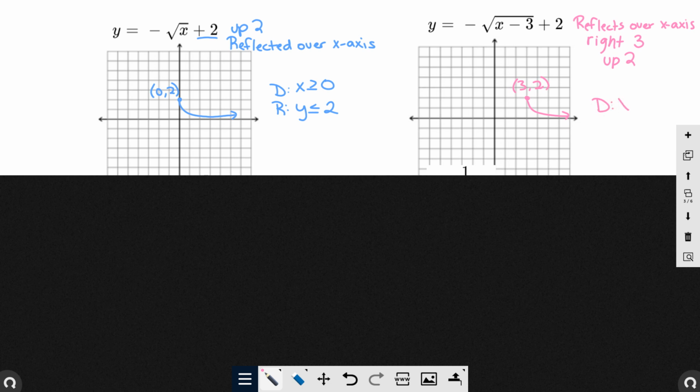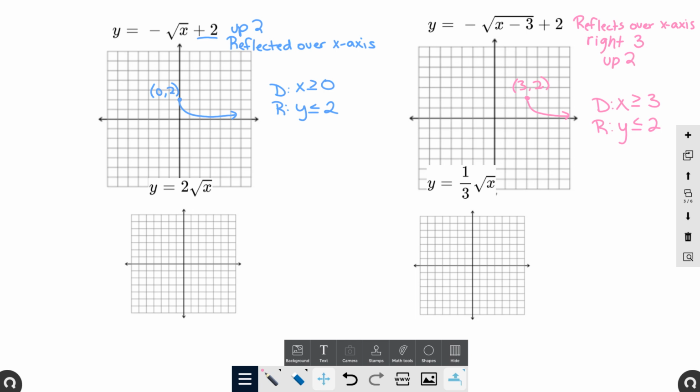So our domain is x is, and the range. Very good. So we're using that point 3, 2, or using it from up here, right 3, up 2. They just go right in there for a domain and range. And remember, it's always greater than or equal to unless it is reflected.